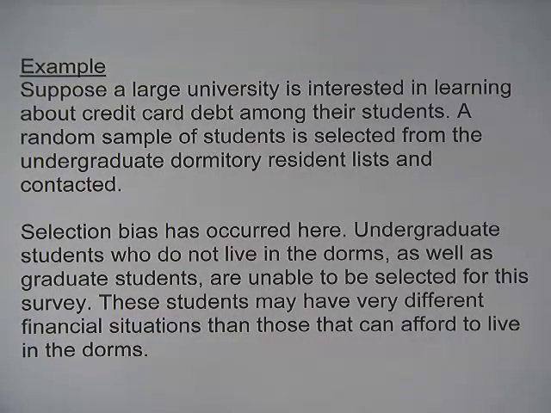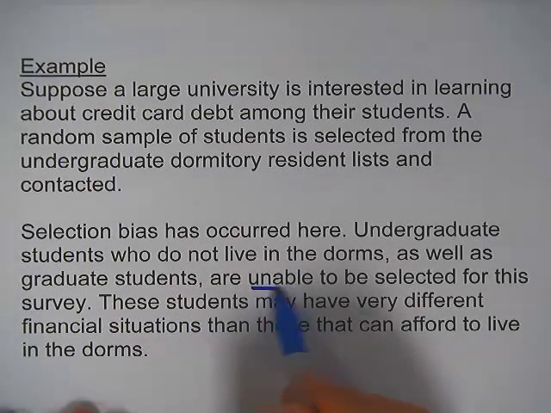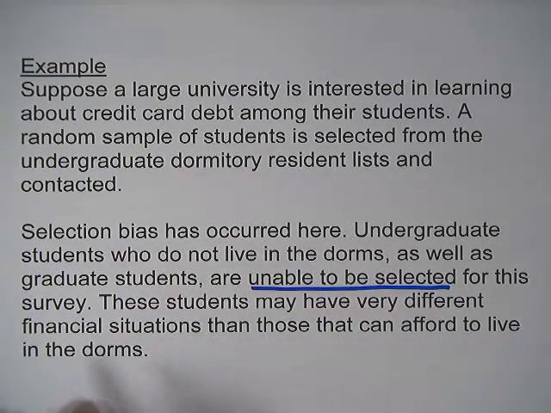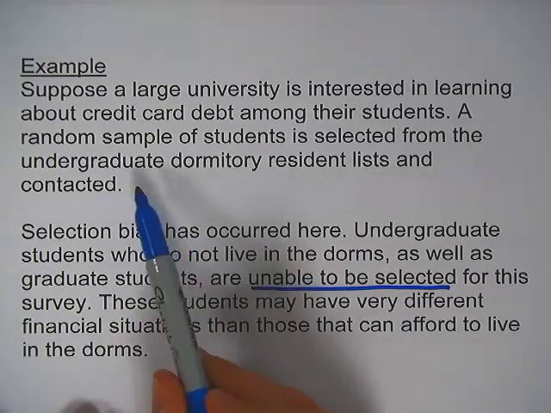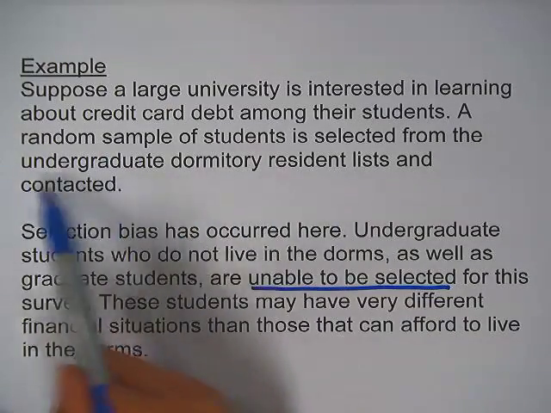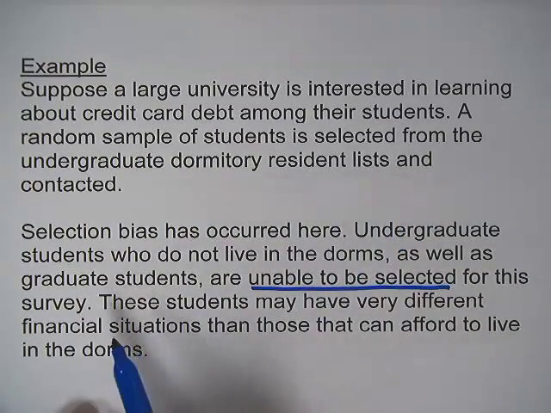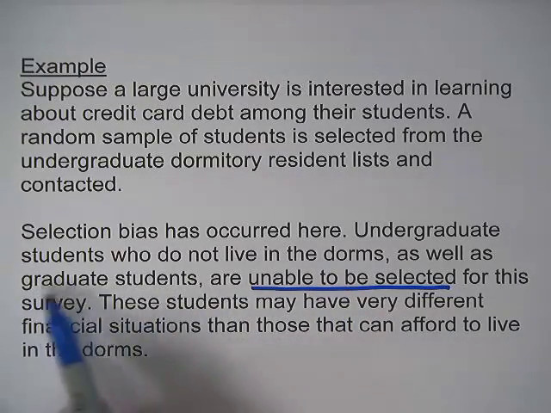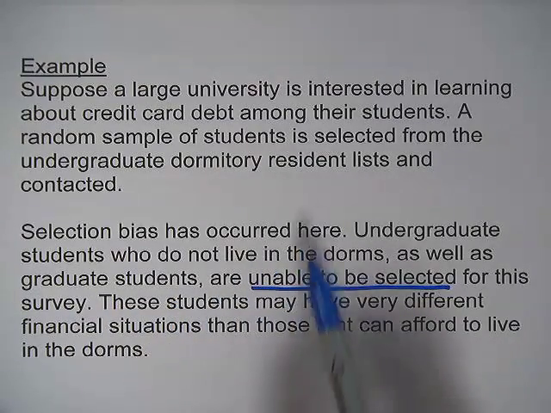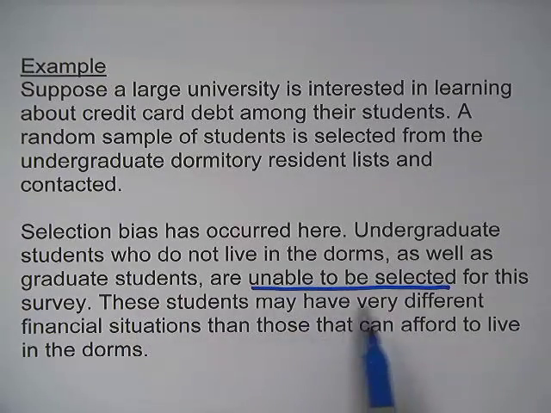Undergraduate students who do not live in the dorms, as well as graduate students, are unable to be selected for the survey. Because they're taking their sample only from these undergraduate dormitory lists, the students that don't live in the dorms, as well as the graduate students, are not able to be part of the study. Now that's important because these students may have very different financial situations than those who can afford to live in the dorms.